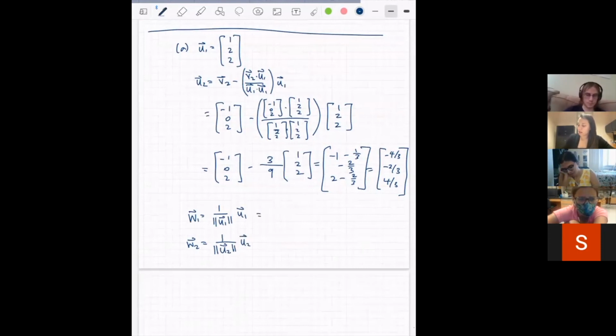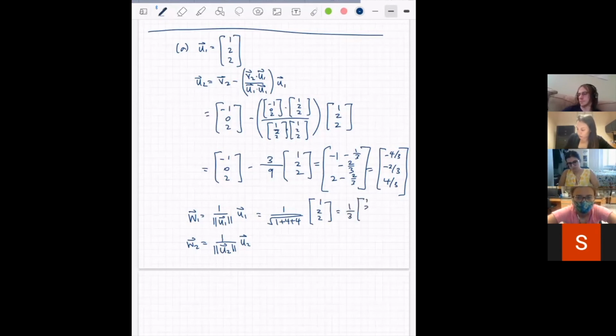So the norm is just where we take each of the entries and square it, we add them up, and then we take the square root, right? So it'll be 1 plus 4 plus 4 times 1, 2, 2, which is 1 over the square root of 9. So we get 1/3 times 1, 2, 2, right? Which, if we want to write it as one vector, is 1/3, 2/3, 2/3.